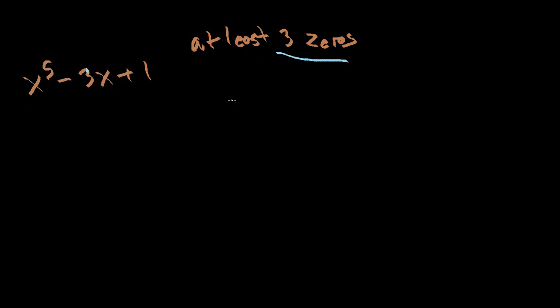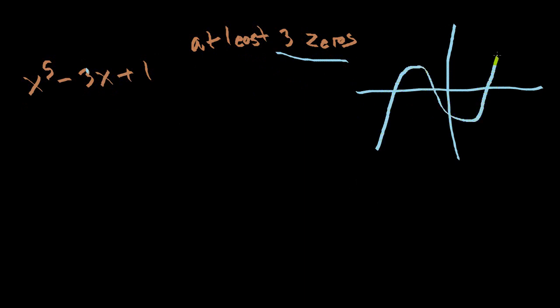Or another way of saying this is that if we were to graph this function, how can we prove that the graph is going to cross the y equals 0 line at least 3 times at these particular points? Saying that for some x value, we don't know what the x value might be, but for some x value, you're going to get a y value that's going to be 0 for this function. So let's go ahead and start answering this question.